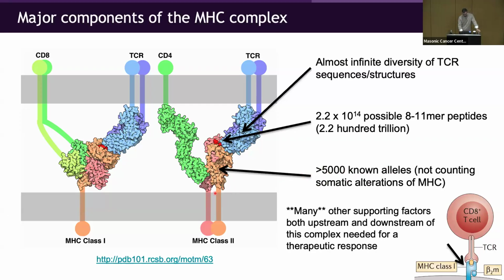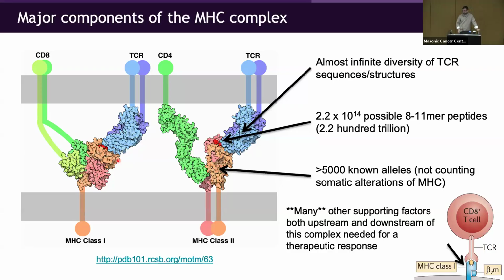And each of those MHC molecules has a different behavior because of those sequence differences. And the thing that they do is bind peptides so that they can be presented on the surface to the immune system. The class 1 MHC complex, depicted on the left here, holds peptides that are around 9, but they can be 8 to 11 amino acids long usually.